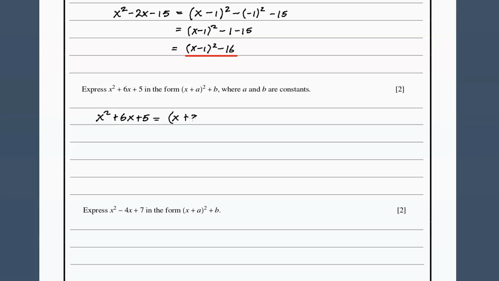So we put the 3 here, close bracket squared, then subtract the 3 squared. And this is going to be plus 5. So here we'll be getting x plus 3 squared, and that's minus 9 plus 5. And eventually this is going to be x plus 3 squared, and minus 9 plus 5 is minus 4. So this here will be the answer.